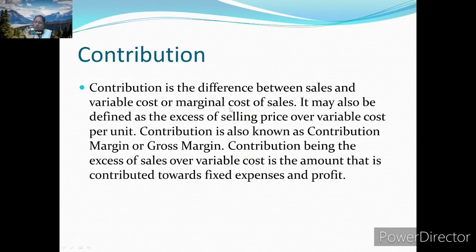Sales minus variable cost. Okay. It may also be defined as the excess of selling price over variable cost per unit. Contribution is also known as contribution margin or gross margin. Contribution, being the excess of sales over variable cost, is the amount that is contributed towards fixed expenses and the profit. This is the simple meaning of the contribution.